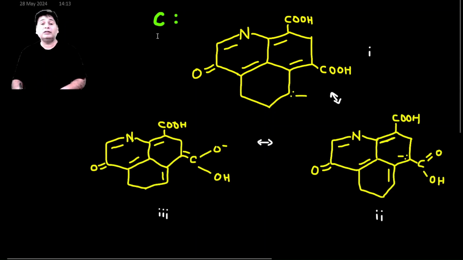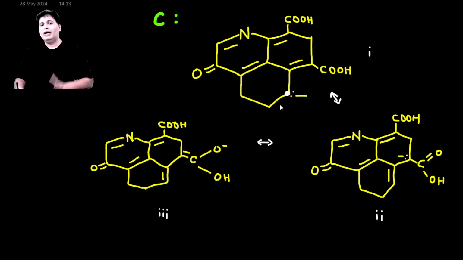Once you see the hydrogen number C, it was connected with this particular carbon. So after removing that hydrogen as H plus, a minus charge and a lone pair comes on this carbon, and now you will search for its stabilization, and the prominent way to stabilize it is resonance.